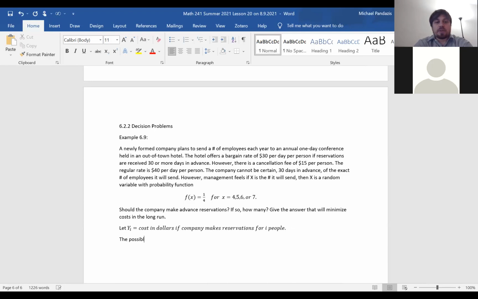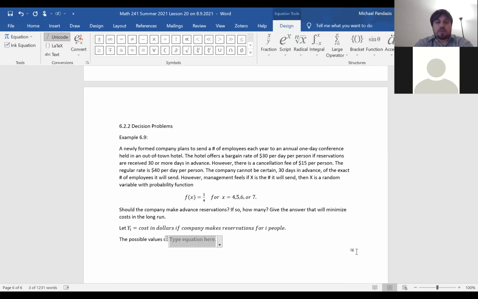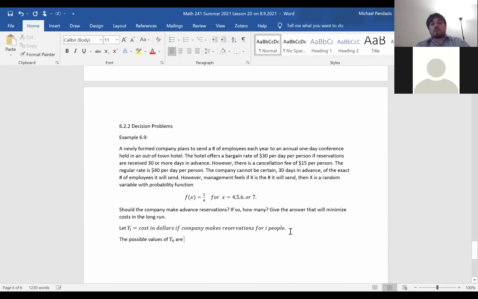The possible values of y sub 4 are, well, y sub 4 is the cost in dollars if the company makes reservations for 4 people. So if they make reservations for 4 people, the question is how much will it cost the company? There are different possible values depending on how many people actually show up.